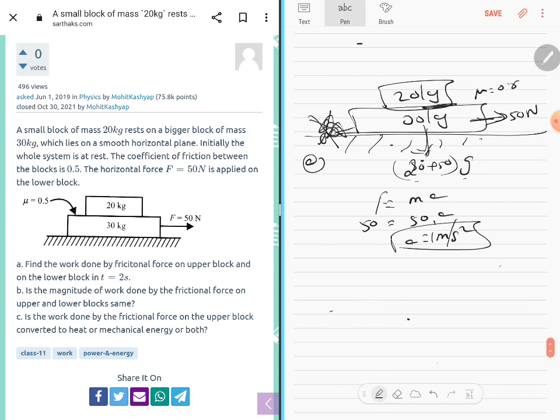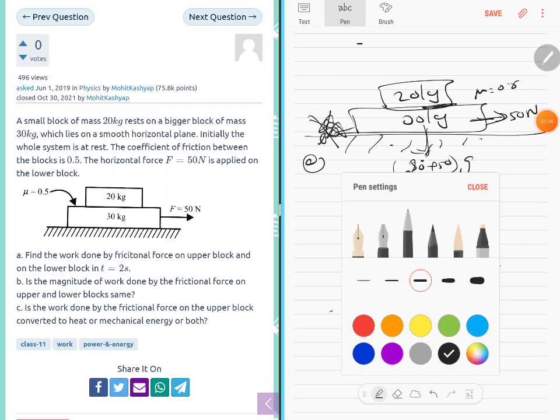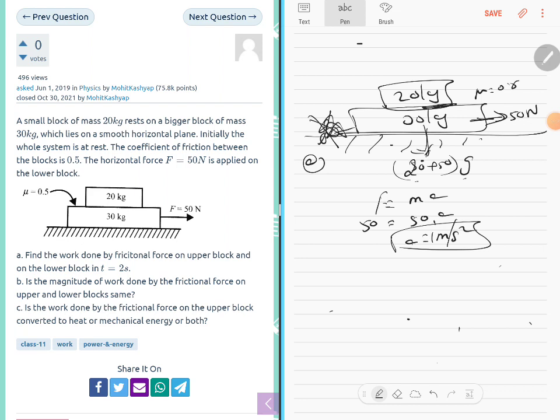Find the work done by the frictional force on the upper block and on the lower block in 2 seconds. So you know the acceleration, and let's calculate the frictional force that exists between the two, which is F static, because let's see if it's static.